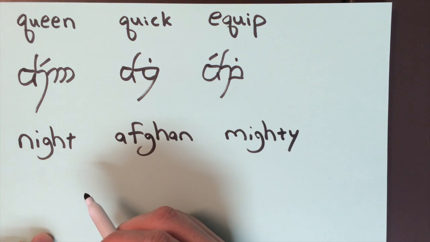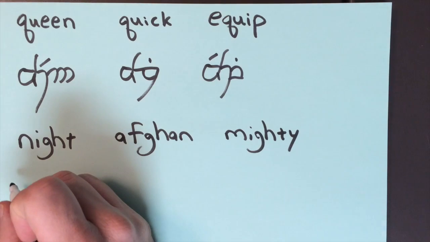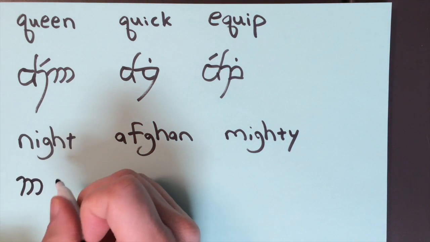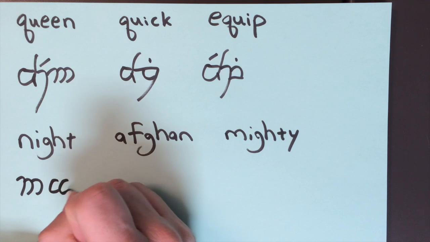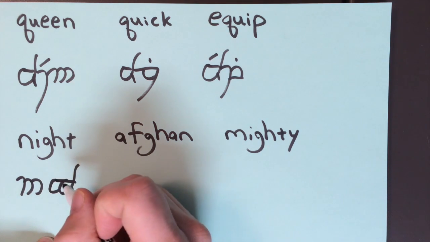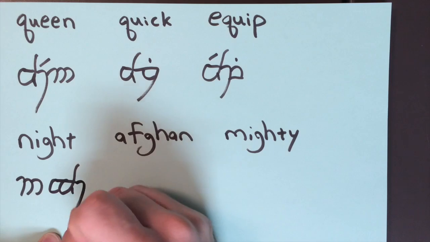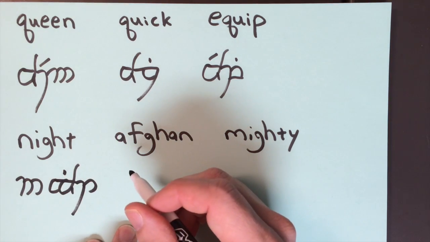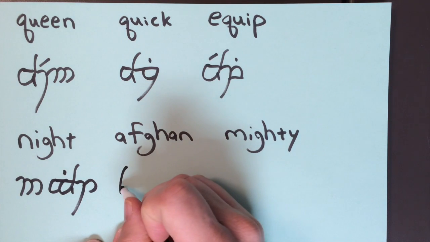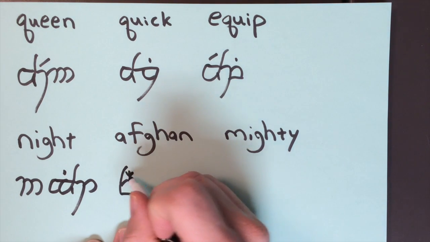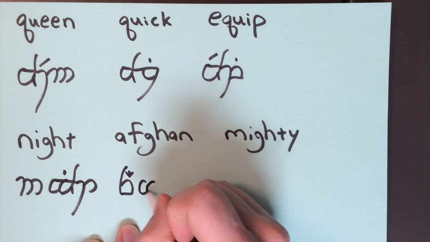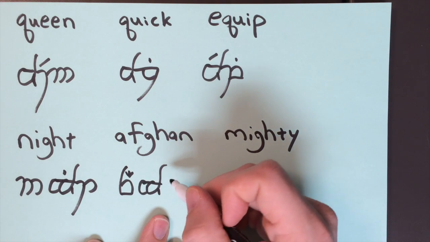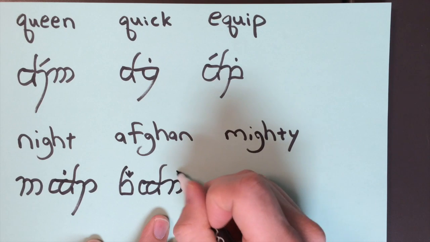So night is going to be the N. We're going to draw our GH like this, and our T, put an I over the GH. So Afghan will be the F, then A over it. Draw our GH like this, and draw an N with an A over it.